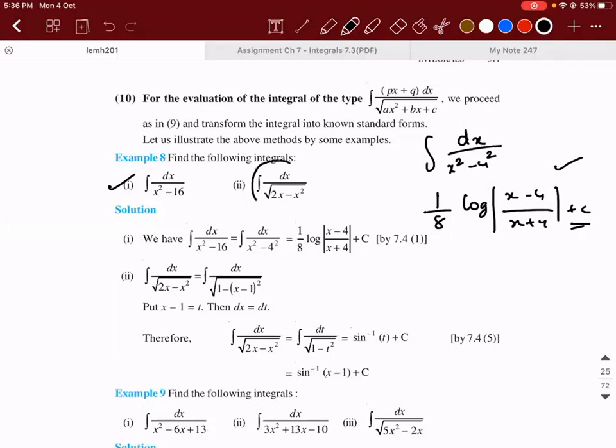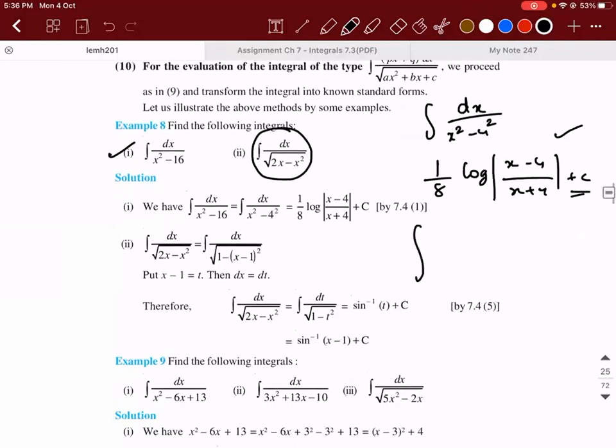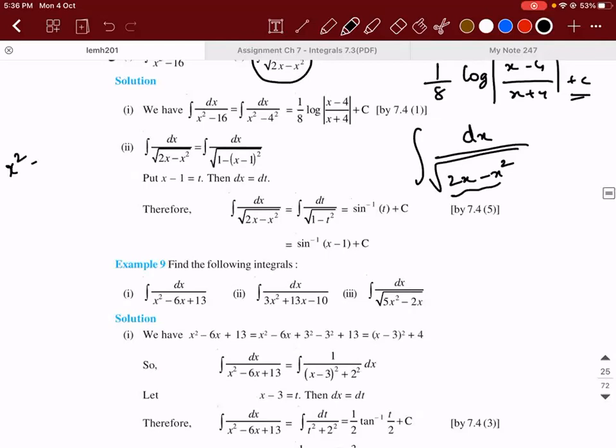Next, how to do this problem? So integral of dx divided by root of 2x minus x square is there, no? So what we are supposed to do is in these kind of problems, you convert it to a perfect square. So 2x minus x square, I will write it as minus of x square minus 2x.